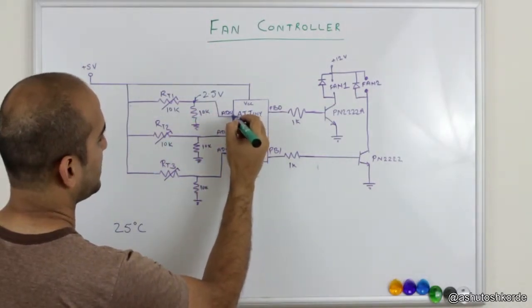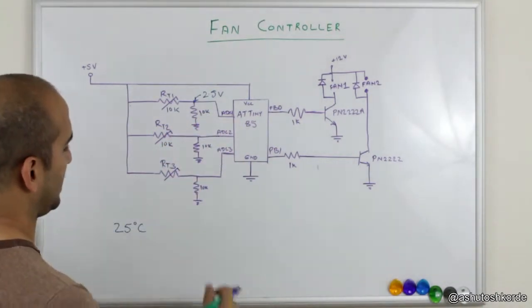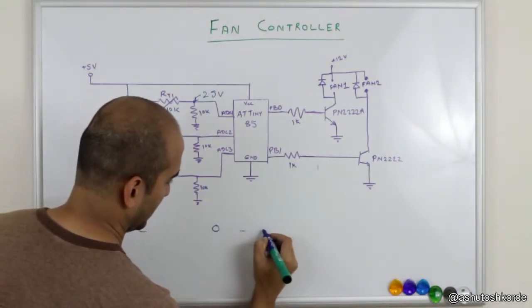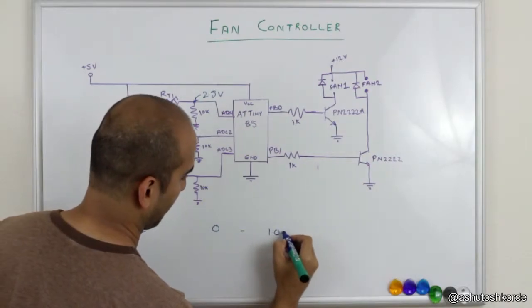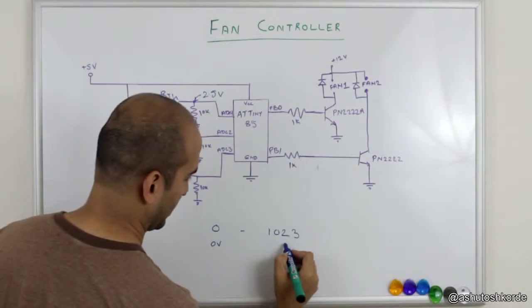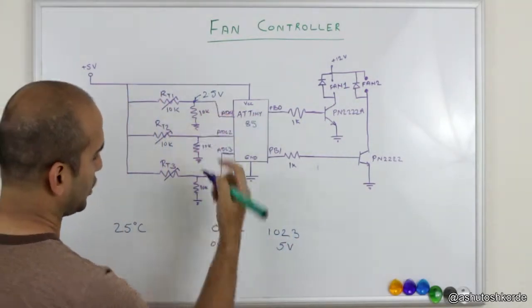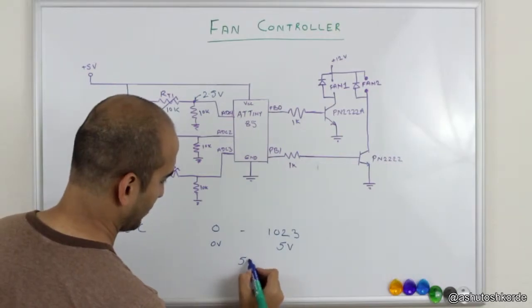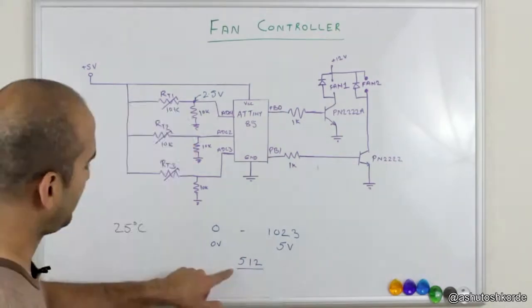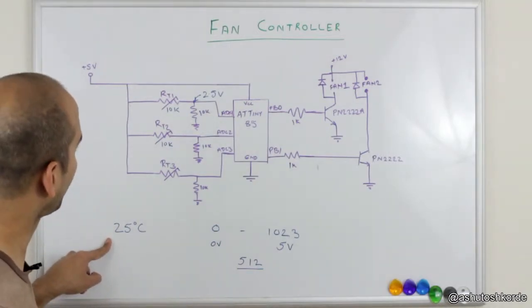So our ADC is going to read the 2.5 value, and it being a 10-bit ADC wherein 0 would mean 0 volts and 1023 meaning 5 volts, a 2.5 volt will give us a reading of 512. Now that would translate into 25 degrees C.